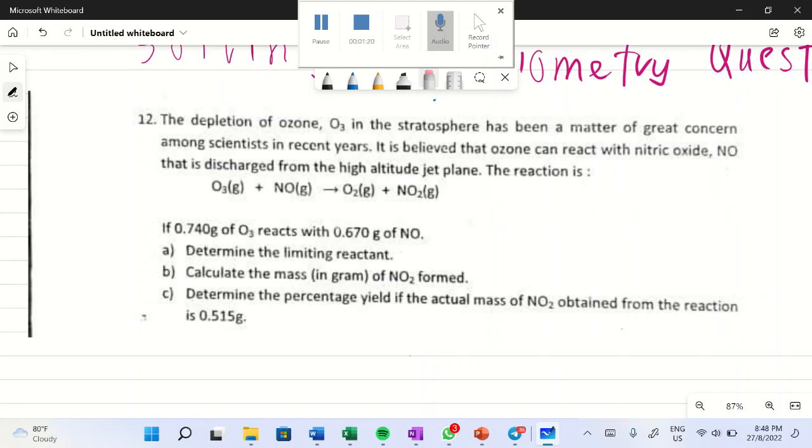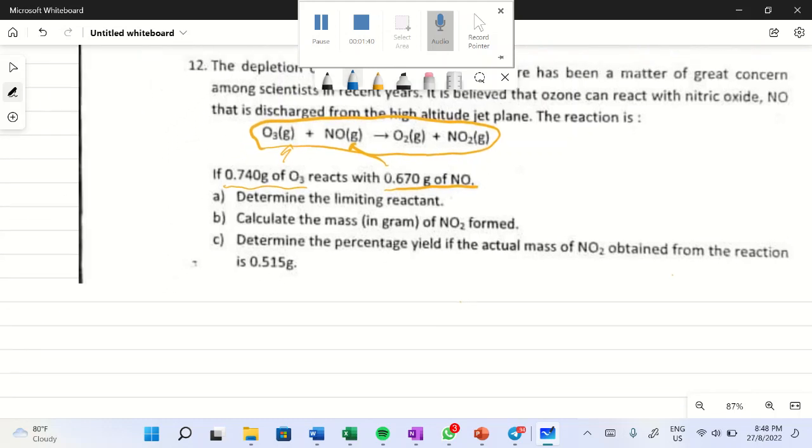These are the information given that I can identify: the equation and the mass given for both reactants. So A. Now we can do the question.